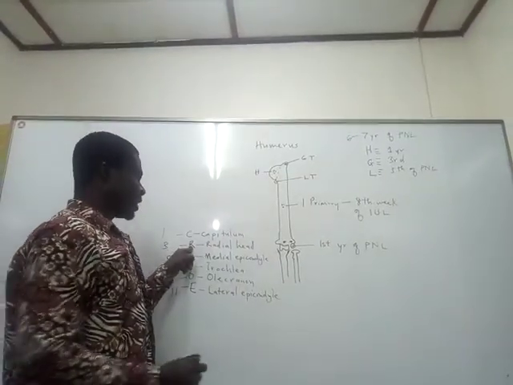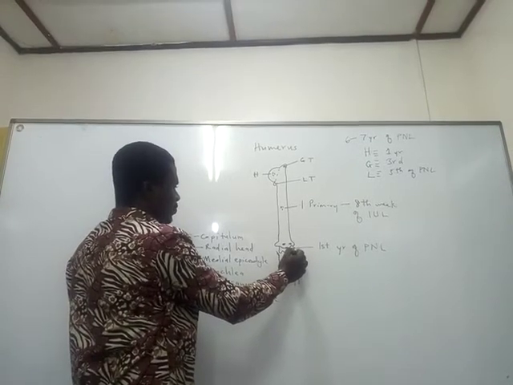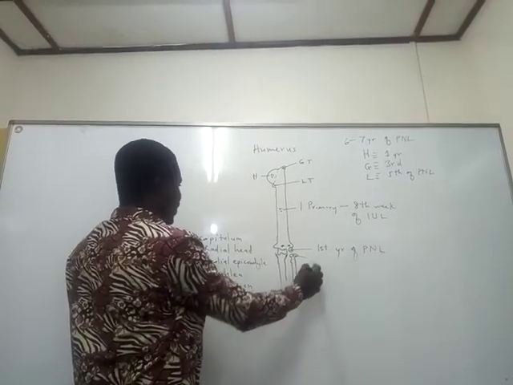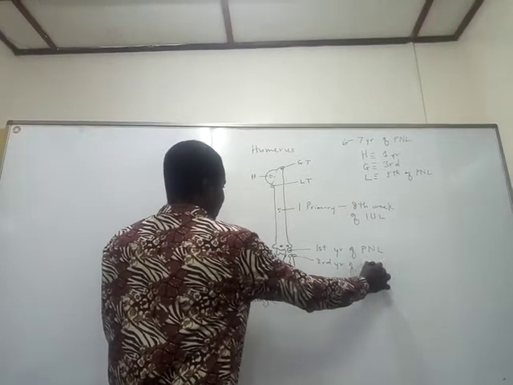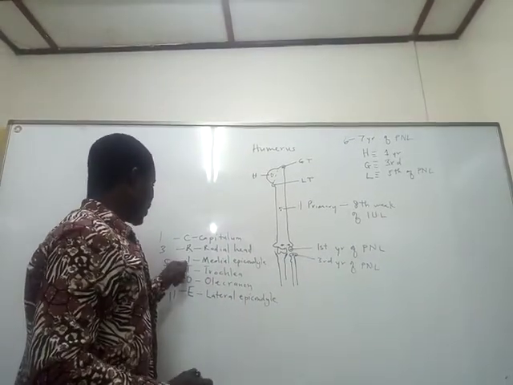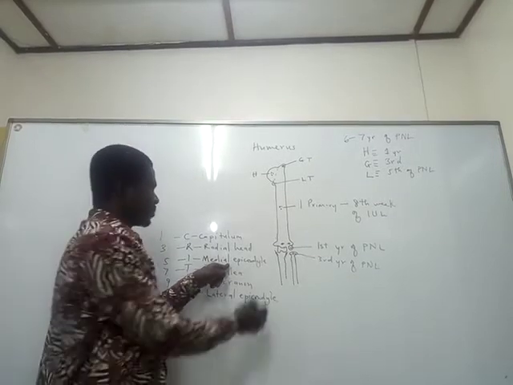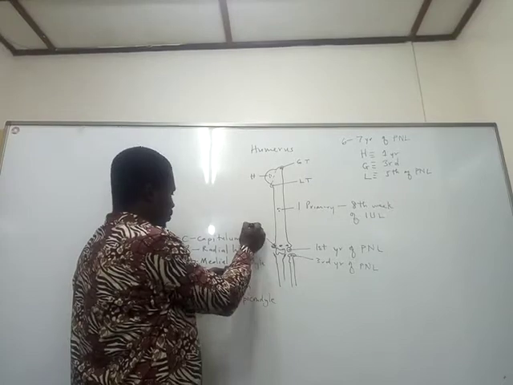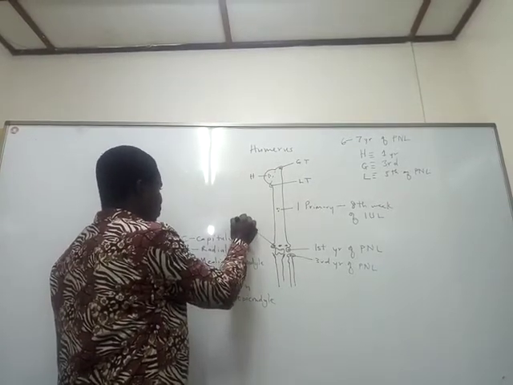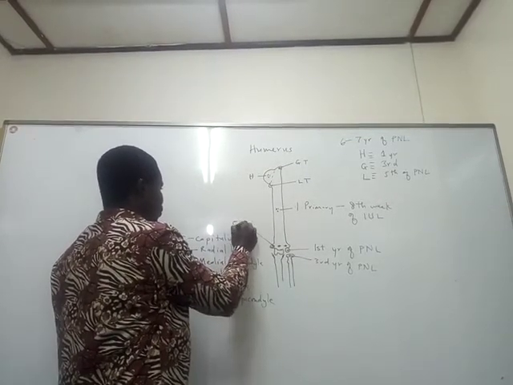Now the next one is radial head, the head of the radius. That one appears around the 3rd year of postnatal life. Now the next one is medial epicondyle, and that's the more prominent one. There is 1 center of ossification which appears around the 5th year of postnatal life.